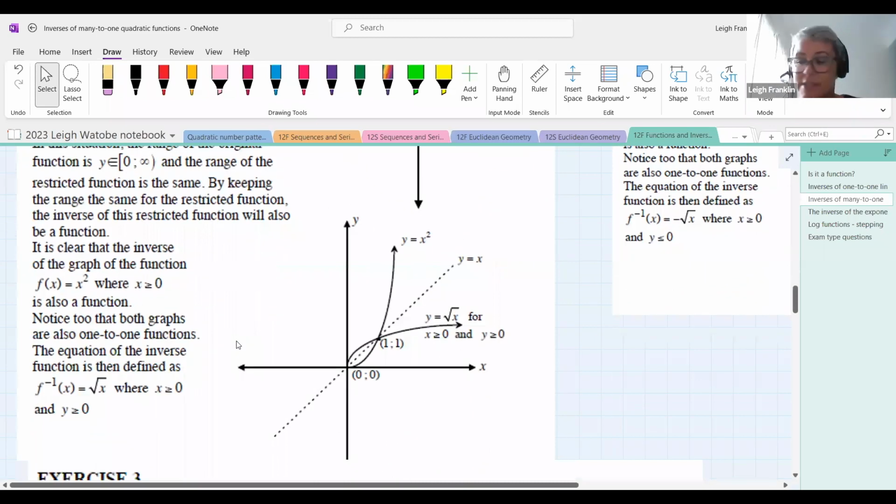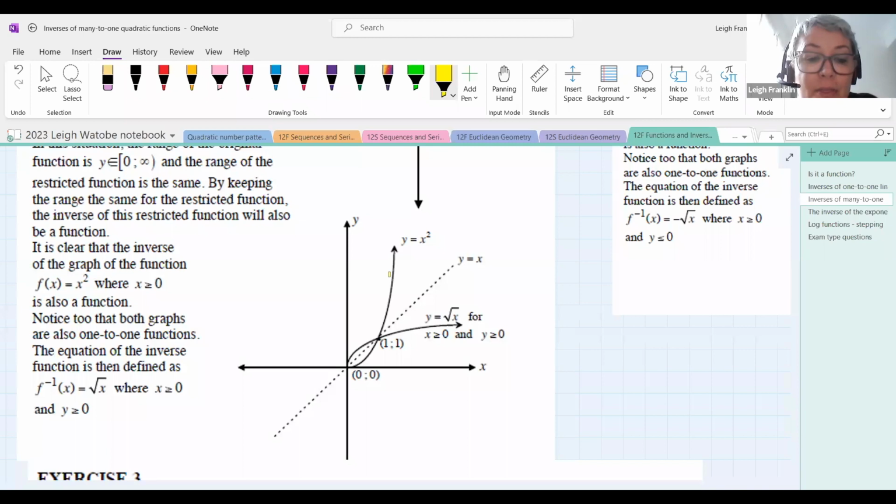Now that yellow arm that I've just highlighted in the previous diagram is this bit over here. I'm not worried about the arm in quadrant 2. I've restricted the domain on the original function so that the inverse is also a function.